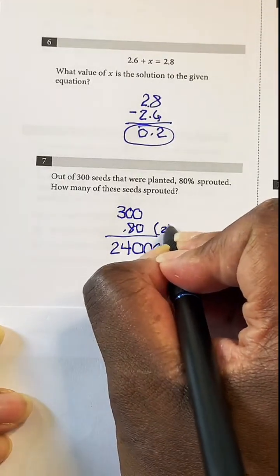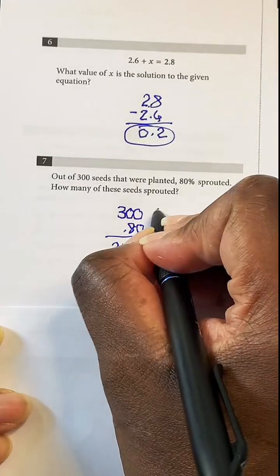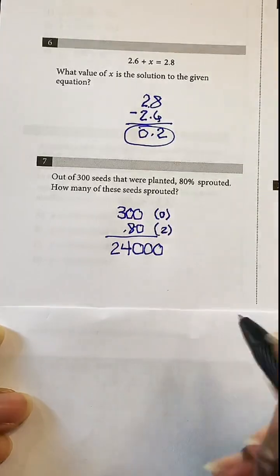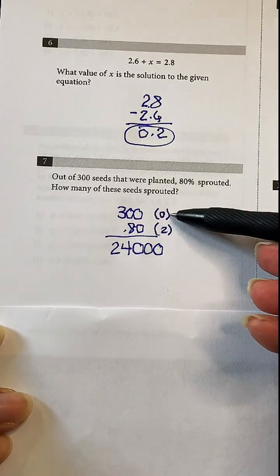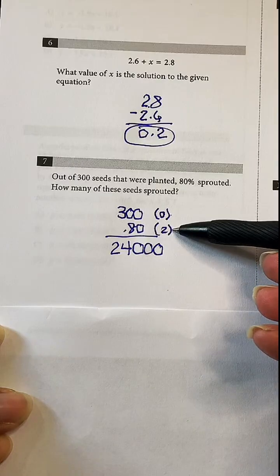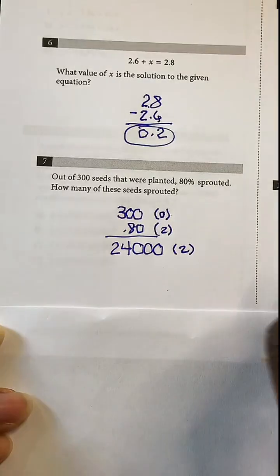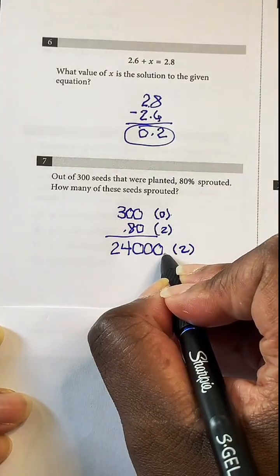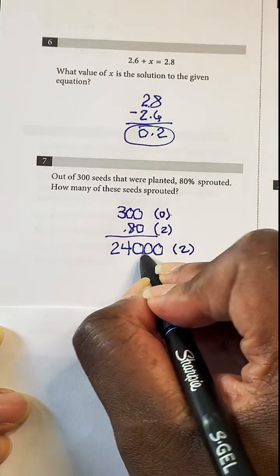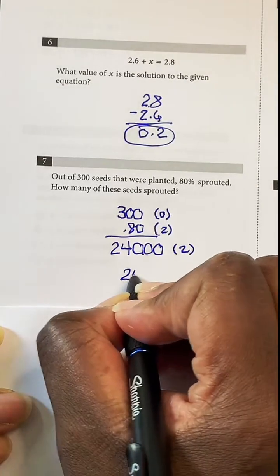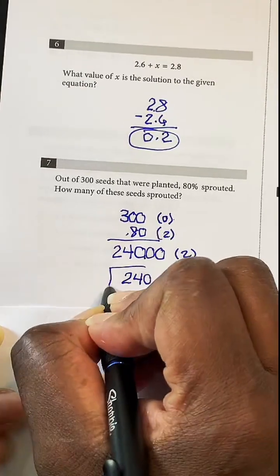When I multiply, I'm counting how many decimal places are used in each of the numbers. There's no decimal place here, and 2 decimal places here. That means my answer should also have 2 decimal places. So starting from the end, 1, 2. That gives me 240.